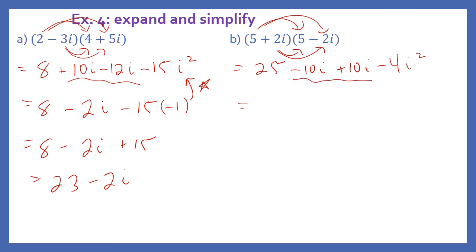Negative 10i plus 10i is 0. So it leaves us with 25 minus 4 i squared, and i squared is negative 1. 25 plus 4, 29. So that's pretty cool. You had complex numbers, and when you multiplied them, you ended up with a single real number, no imaginary numbers whatsoever.